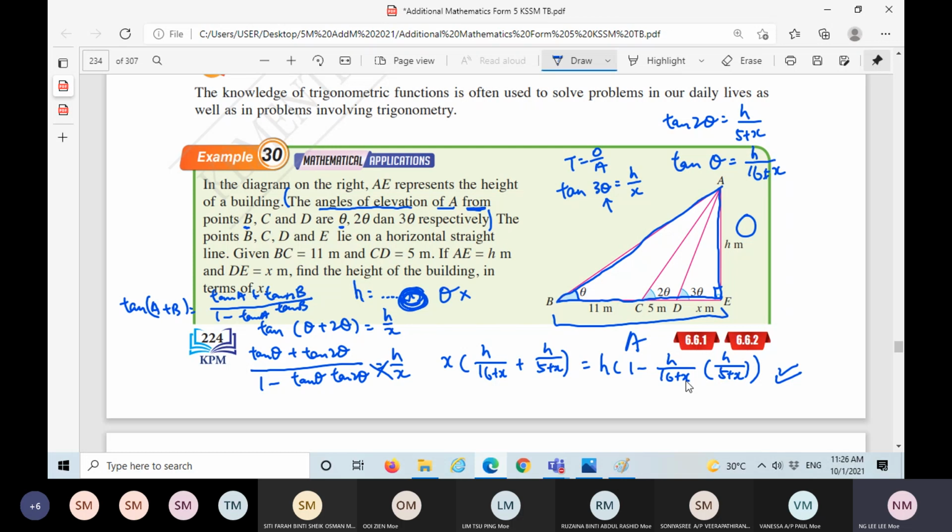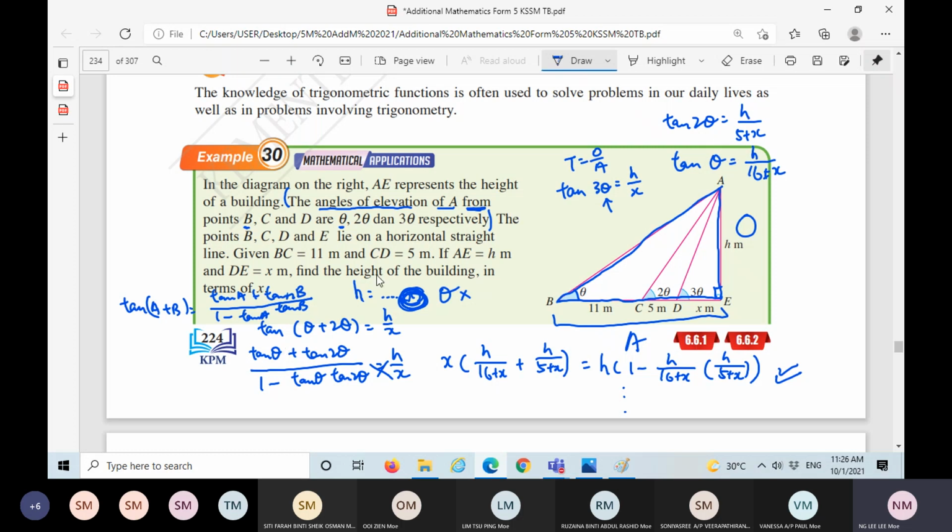So if you feel the following step like just now is too complicated for you, leave it first. When you finish other questions already and still have time, relax and slowly do it. Because for this kind of question, they don't actually want to test your algebra. They want to test your trigo. They want to see whether you can form the equation or not.